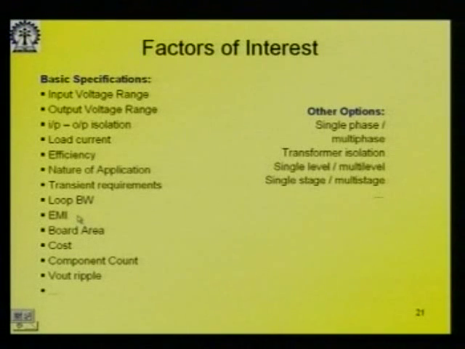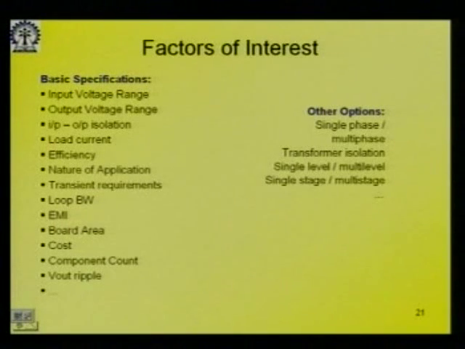Then there is another issue, EMI, electromagnetic interference, if you are having switching. All these inductor based supplies that we are talking about have switching, and switching will also bring in EMI. So we have to be careful that we don't disturb the other devices which are in the vicinity, in the same layout, within the same wafer. Then there are other things like board area, cost, and things like that.